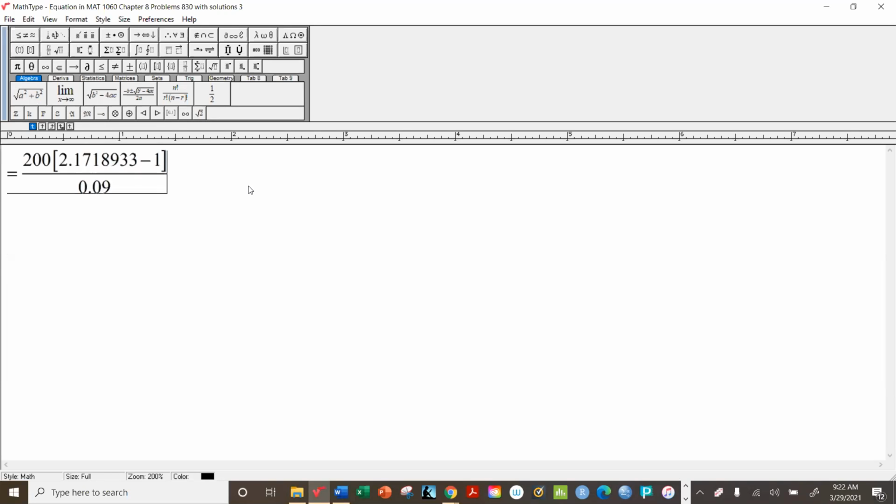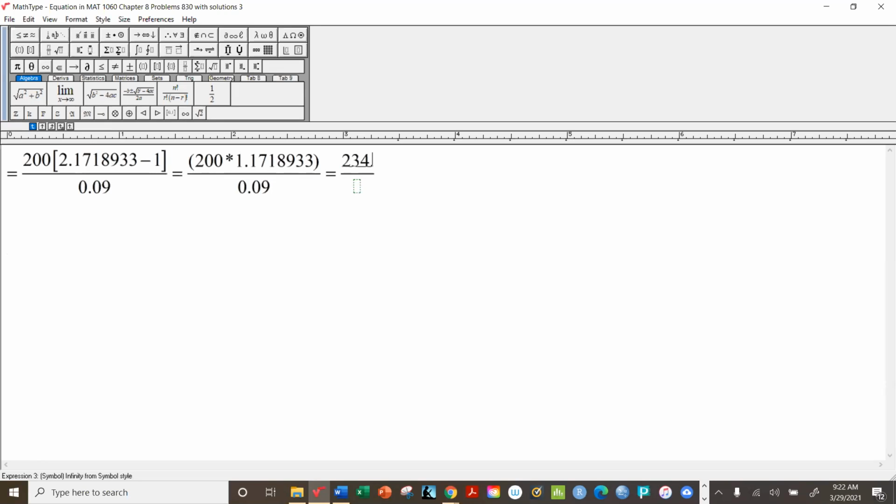I think that should be enough to give us a reasonable degree of accuracy. So actually in the numerator have 200 times 1.1718933. Down here you have 0.09. So this ratio equals, let's see, 234.378656.